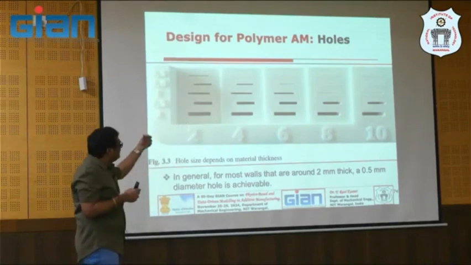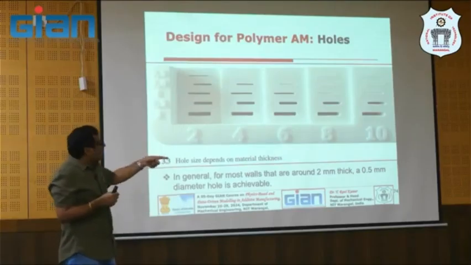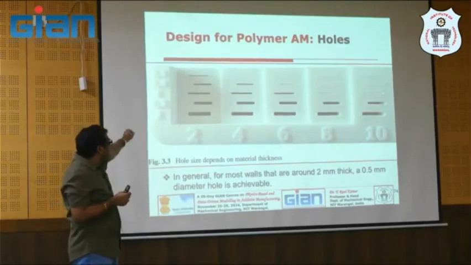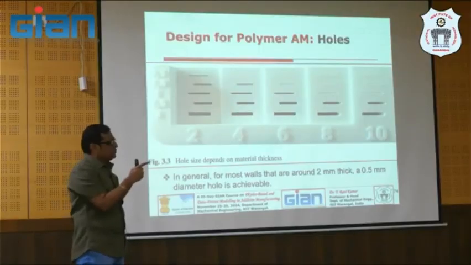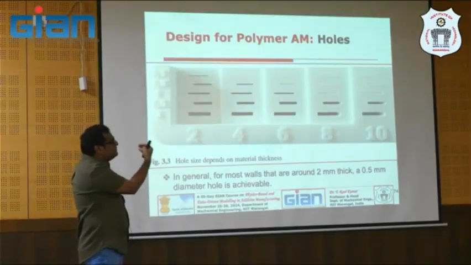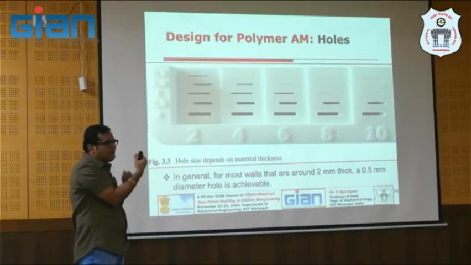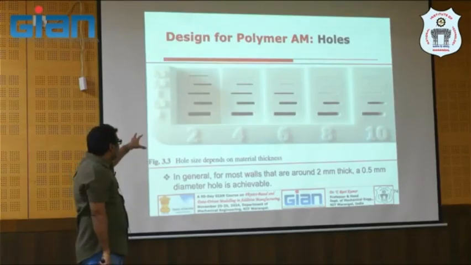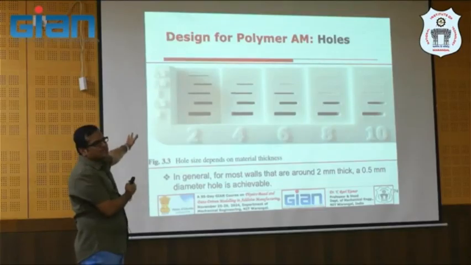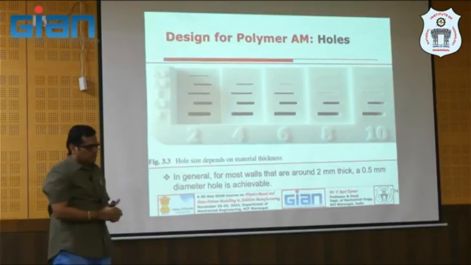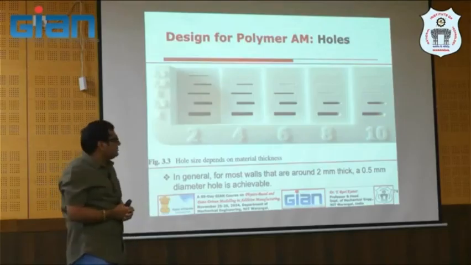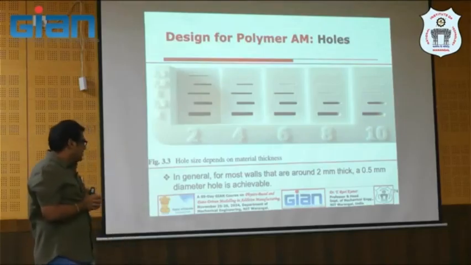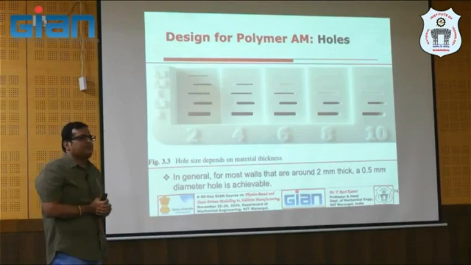And if the thickness is varying, we can see the minimum size of the feature that you are going to realize is getting reduced, right? At the moment you increase the thickness of your sample, you may not be able to realize the smallest feature, or it may be a slot or a hole or any feature for that matter, so we need to understand the constraints of each and every process, right?